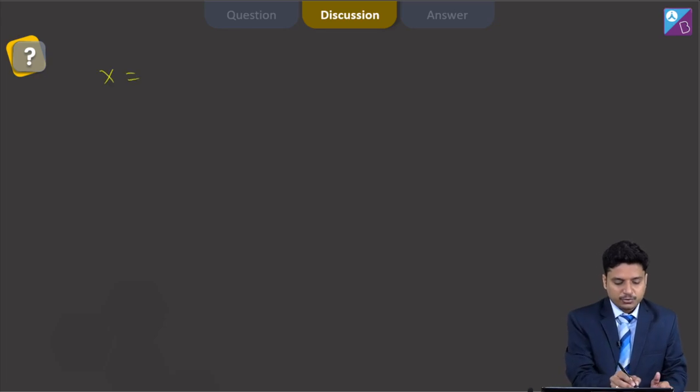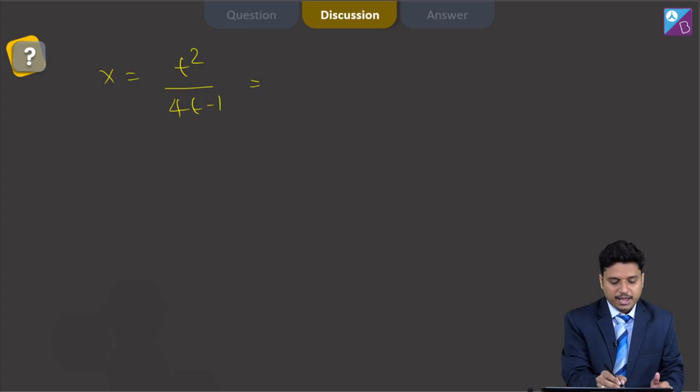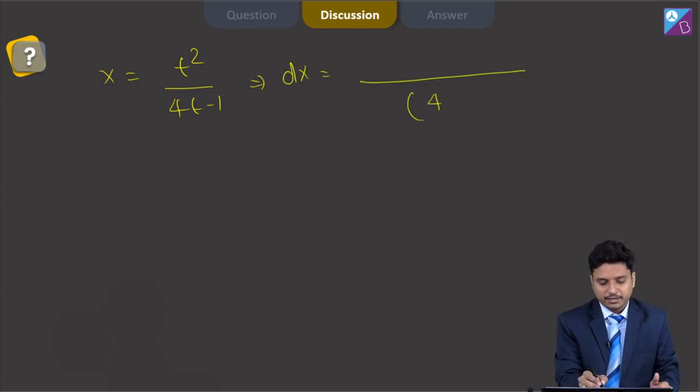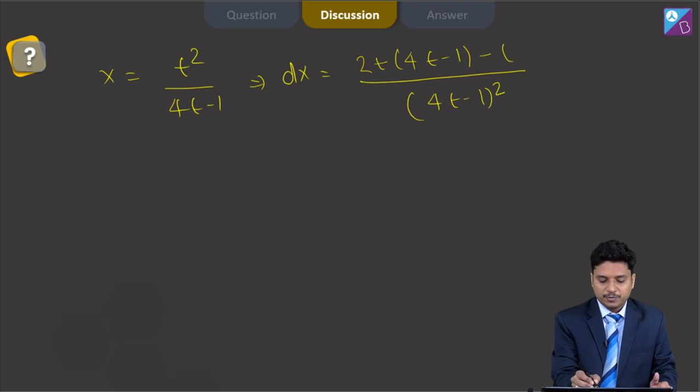x is equal to t square upon 4t minus 1. So dx can be written as: the denominator will be 4t minus 1 whole square. The numerator is differentiated first: in place of t square there will be 2t into 4t minus 1, minus the numerator as it is times the derivative of the denominator, which is 4.